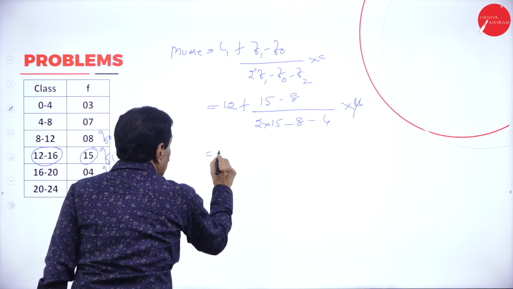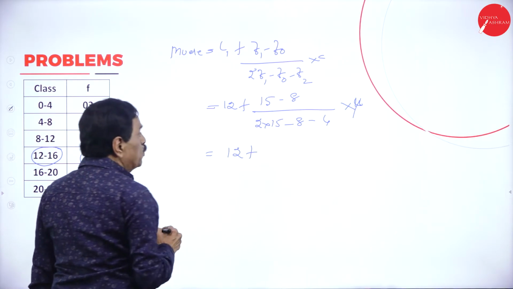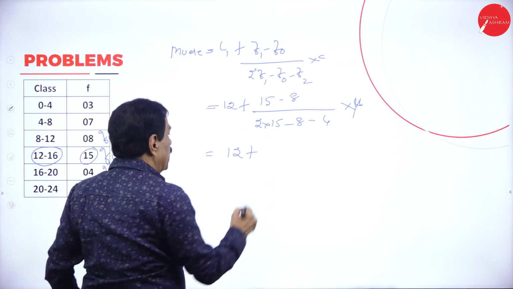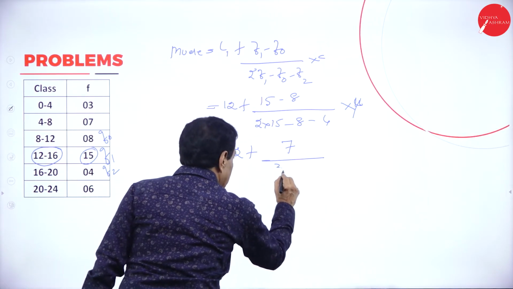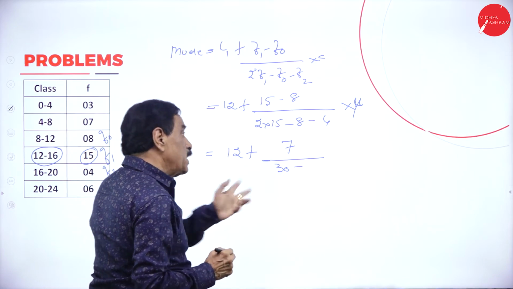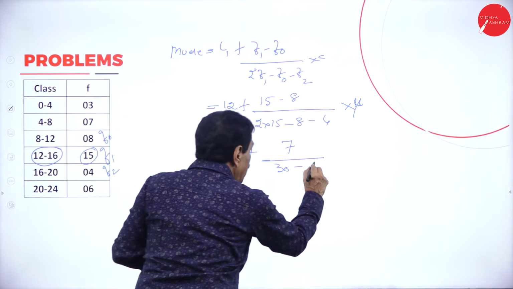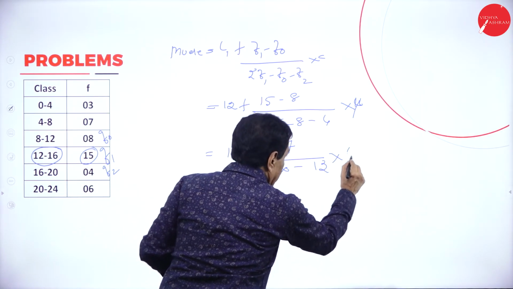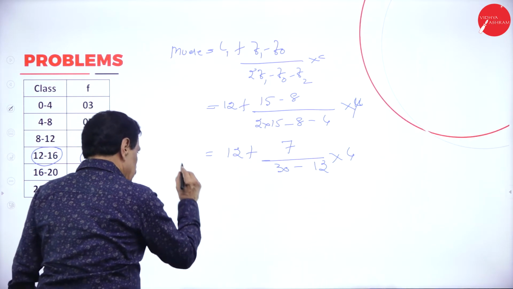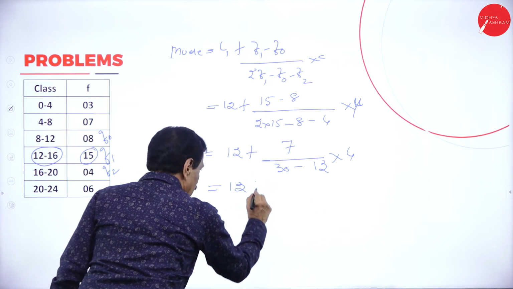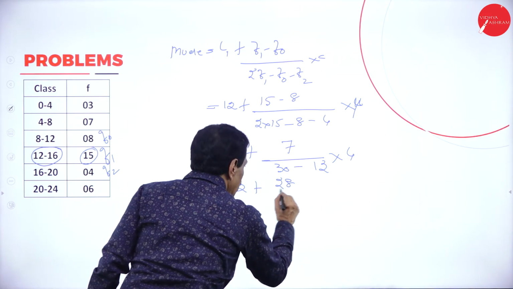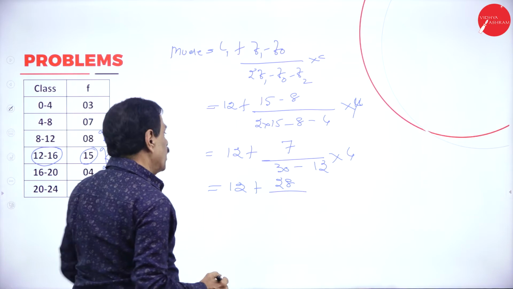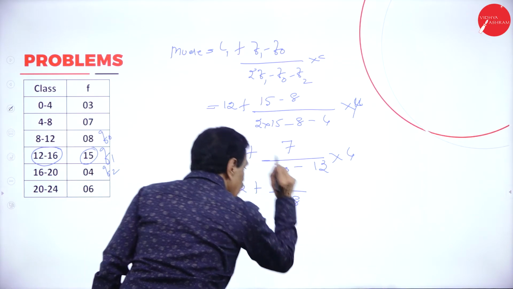Simplify this. 12, from 12, 15 minus 8 is 7. So 15 twos are 30, minus 8 minus 4 is minus 12, and your class interval is 4. Simplify this. 7 fours are 28. You deduct 30 minus 12 is 18.